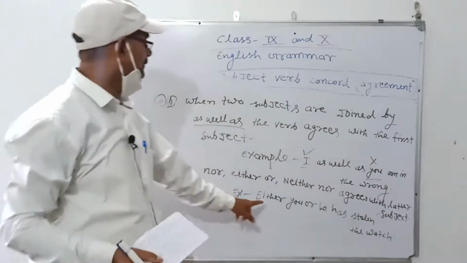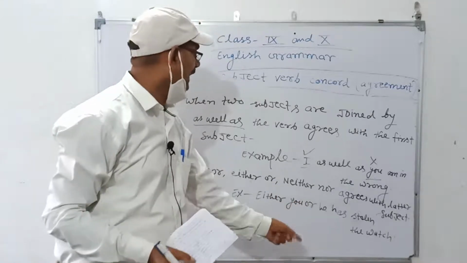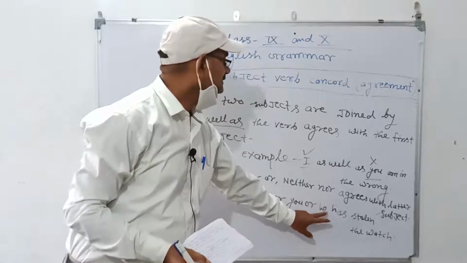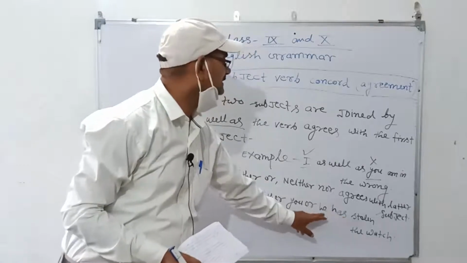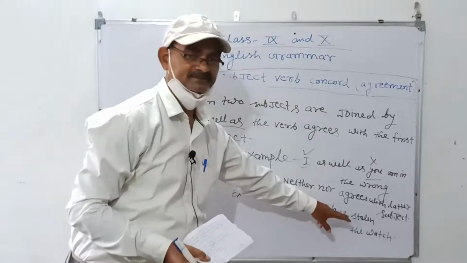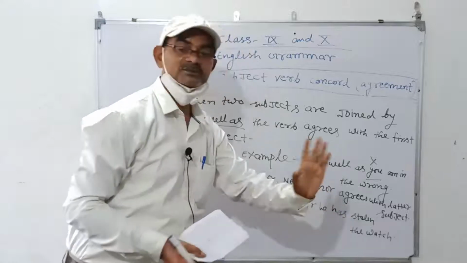In this example, the two subjects you and he are joined with either or, and the verb agrees with he. He has. You has is not possible.